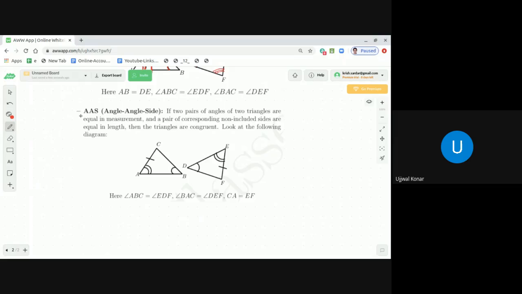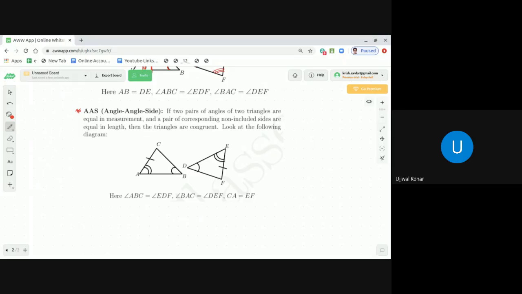Here also the sequence is very important. If two pairs of angles of two triangles are equal in measurement and a pair of corresponding non-included sides are equal in length, then the triangles are congruent. I repeat, if two pairs of angles of two triangles are equal in measurement and a pair of corresponding non-included sides are equal in length, then the triangles are congruent.